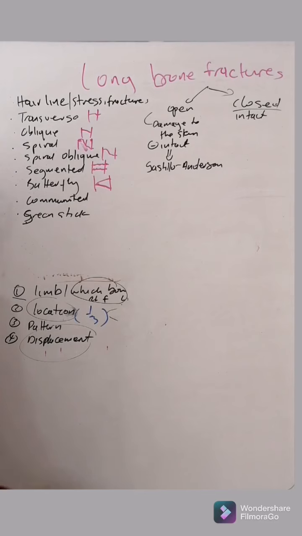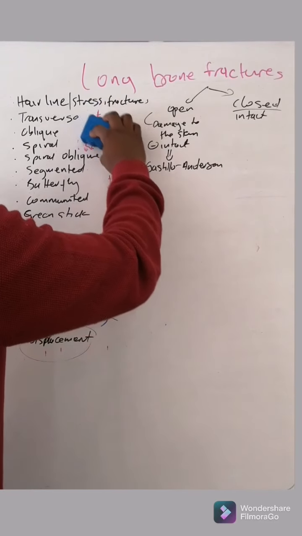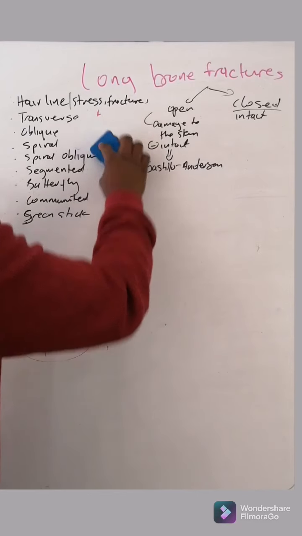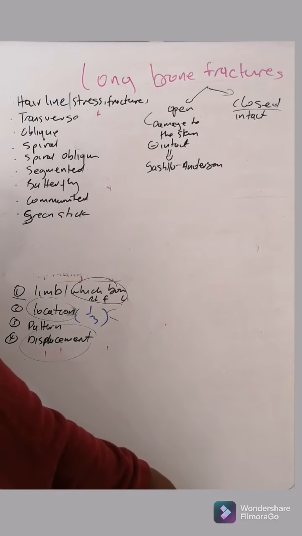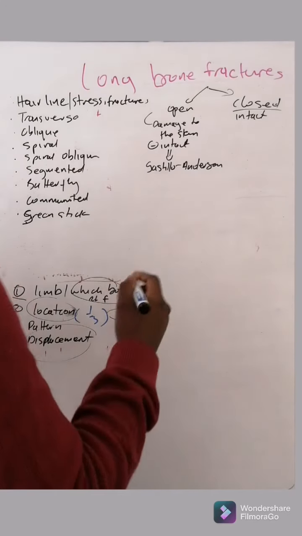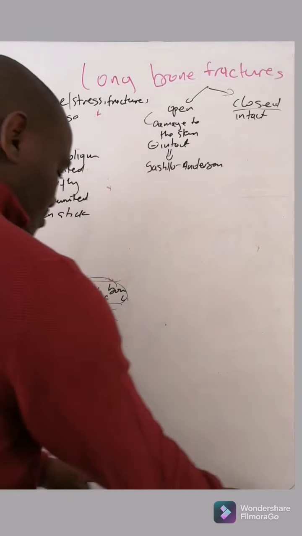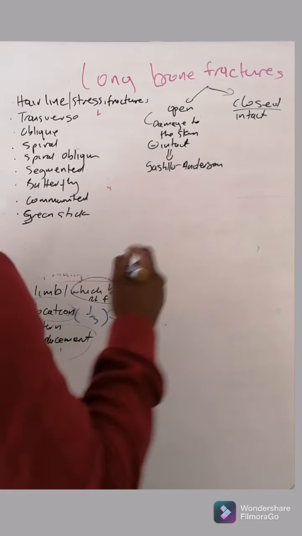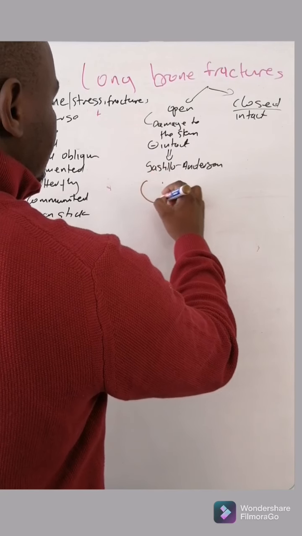Okay, so I want us now to try and learn how to describe fractures, and we're going to follow this as we describe our fractures. Let's say now I have this bone.